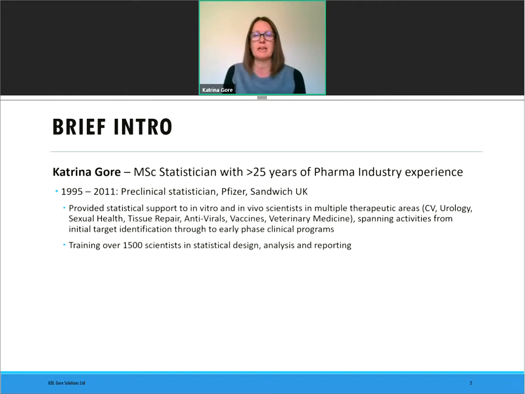It was a big research site, and it gave me the opportunity to work with in vitro and in vivo scientists across many different therapeutic areas. And I spanned activities right from the initial target identification through to high throughput screening, lead development, optimization, selecting candidates for clinical trials. I also supported a number of phase 1 and phase 2 clinical trials as well.